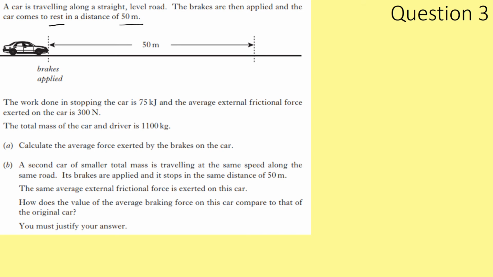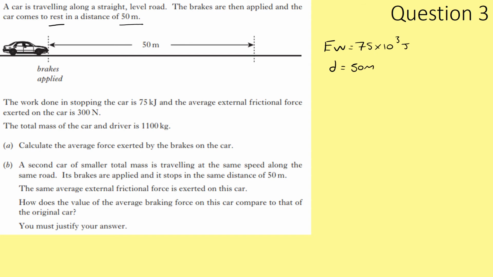Okay, so let's get all our information down. EW is equal to 75 kilojoules, 75 times 10 to the 3 joules. And we're told that our distance traveled is 50 meters.